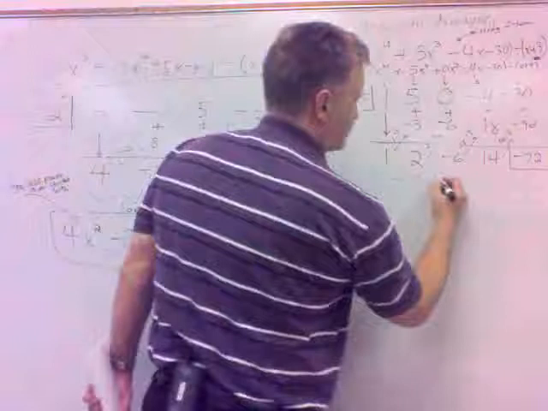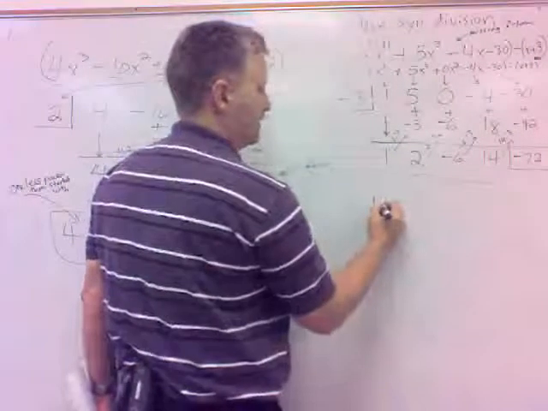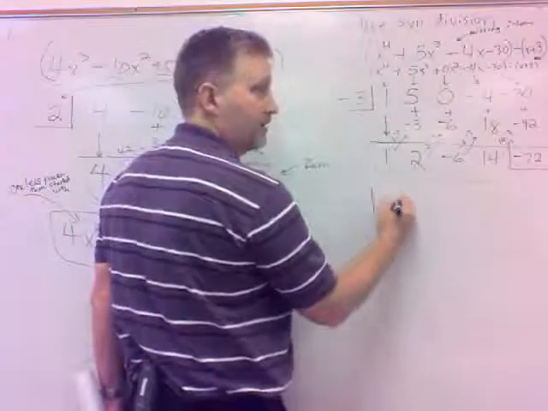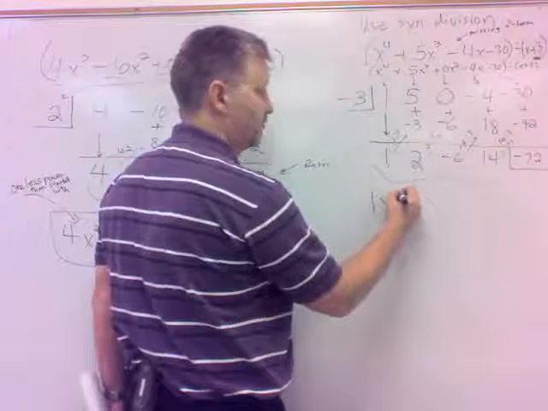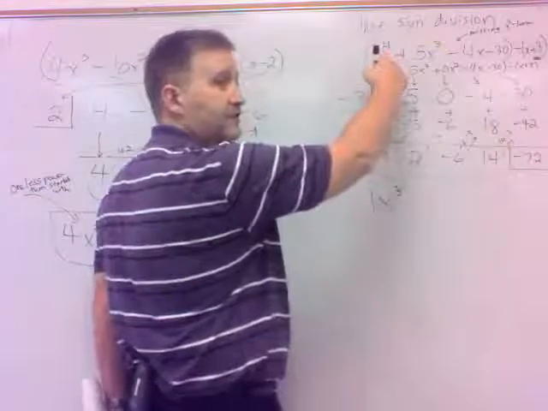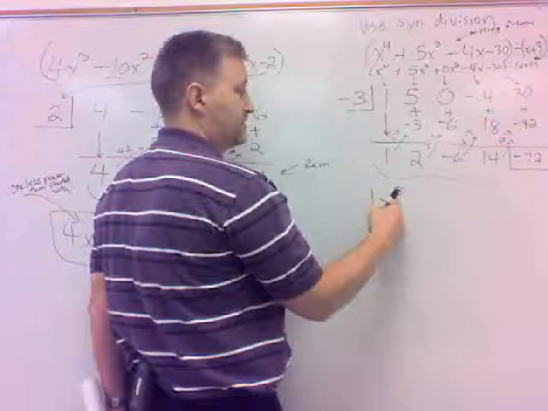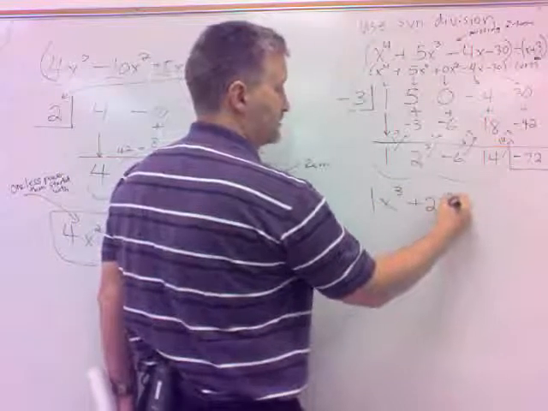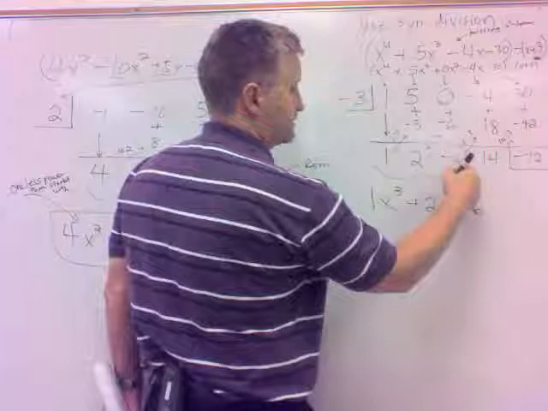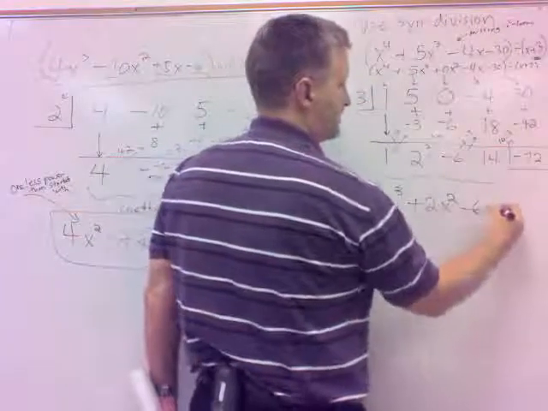These are my coefficients now. My quotient, it's 1 with what? X, what power? Third? 1 less power than I started with. Started with x to the 4th, so that's x to the 3rd. Then I go down from there. That would be positive 2 with the x squared, minus 6 with the x, plus 14.